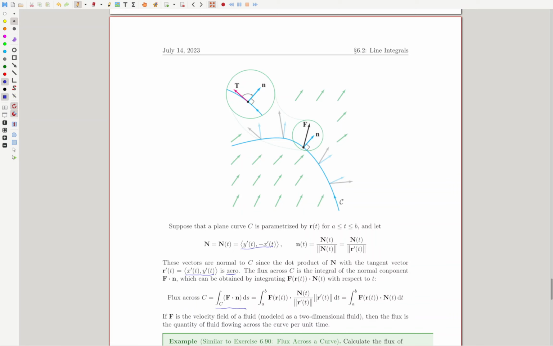We normalize it. Yes, it is necessary to normalize it here, but then we end up not needing it over here, because the magnitude of n is equal to the magnitude of r prime, and you can see that because if you take the magnitude of this versus that, you end up with the same expression.